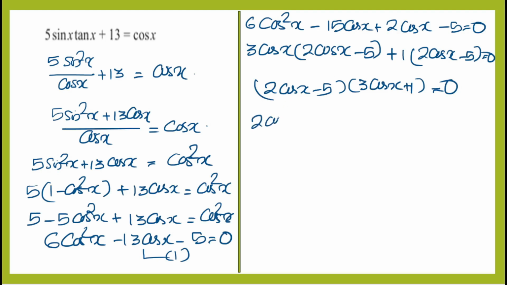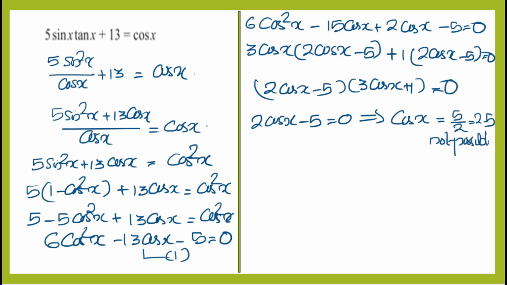2 cos x minus 5 equals 0 implies cos x equal to 5 by 2, equal to 2.5, which is not possible. The value of cos x lies between minus 1 and plus 1.